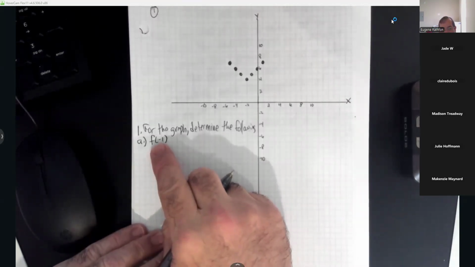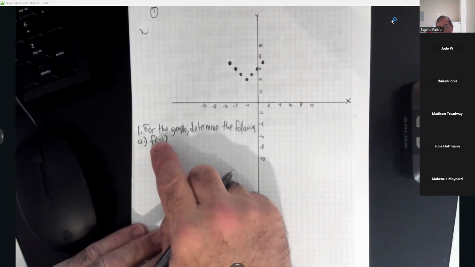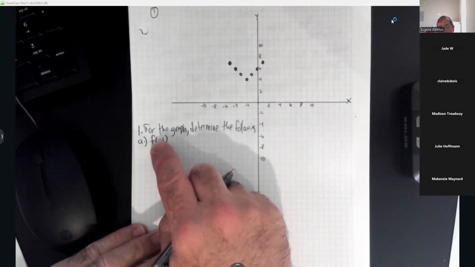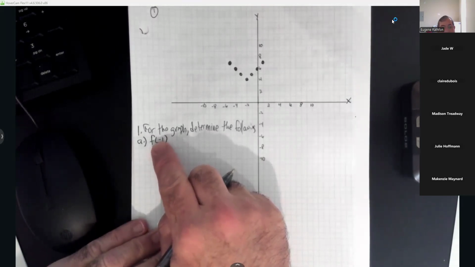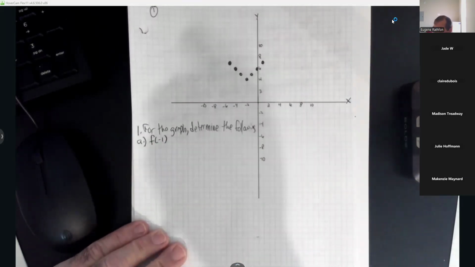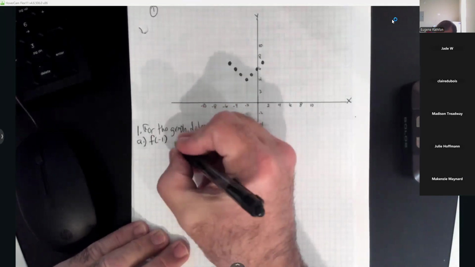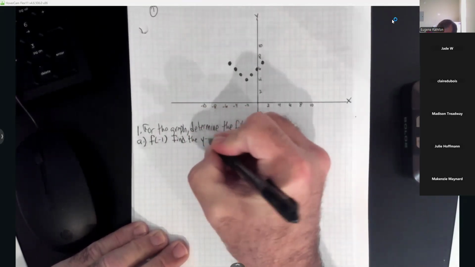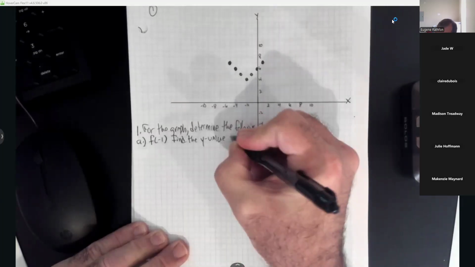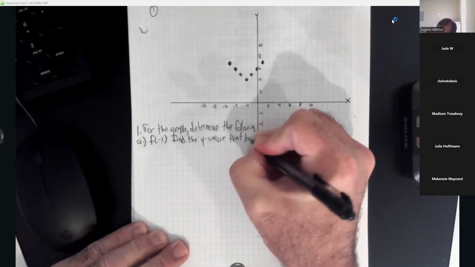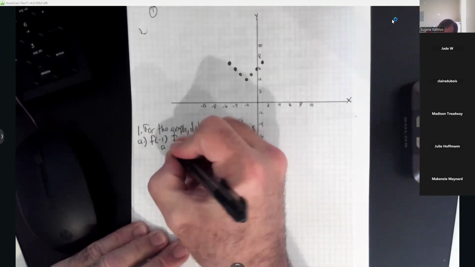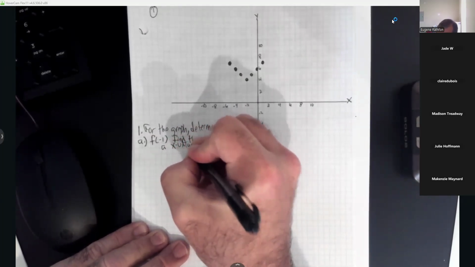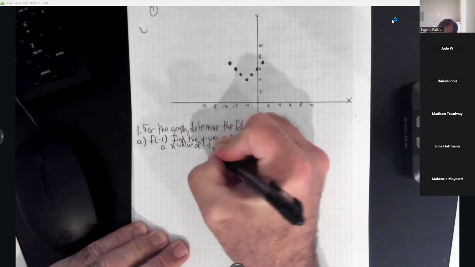So what they mean by this, remember, if they give you a number in place of the variable here, that's the number that represents what the variable is. So since they're putting a -1 in here for the x, what they want me to do on this problem is find the y value that has an x value of -1.